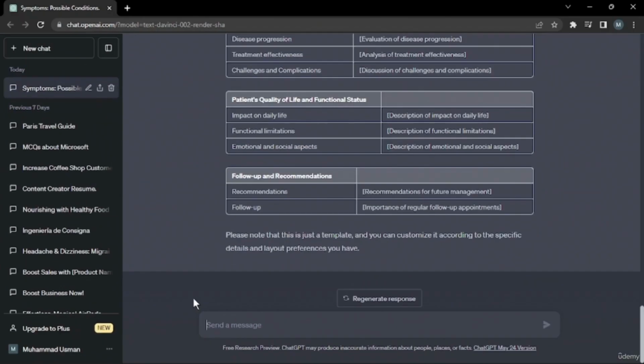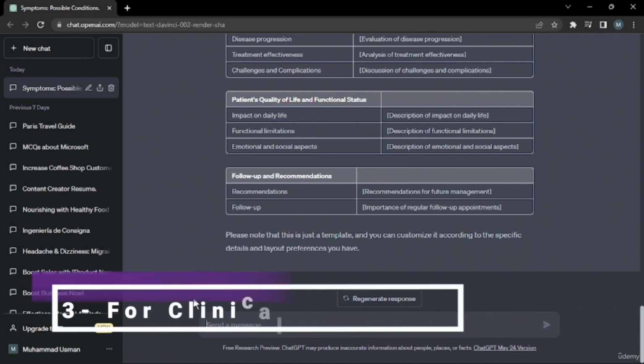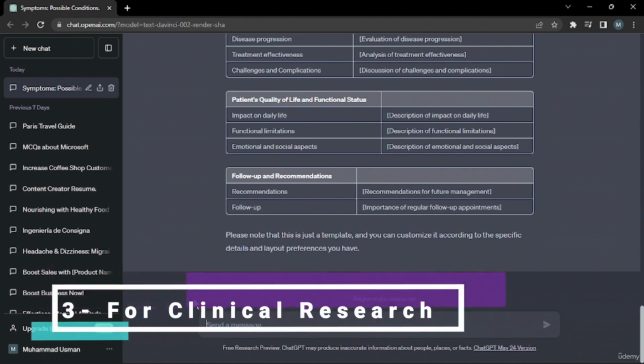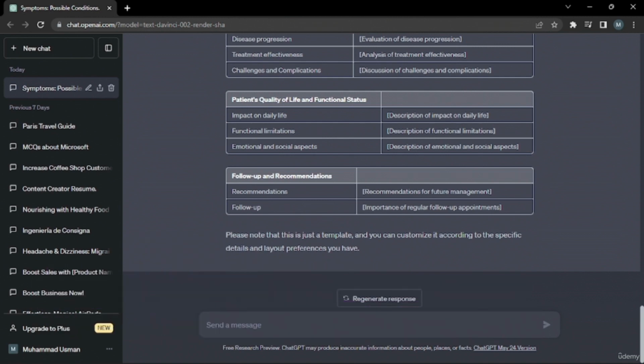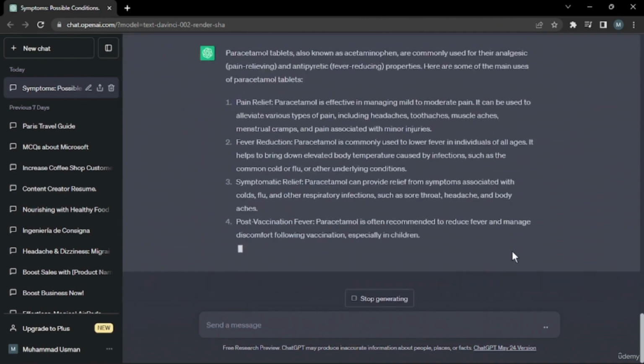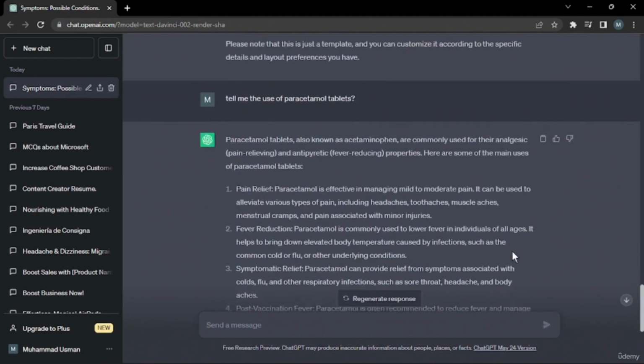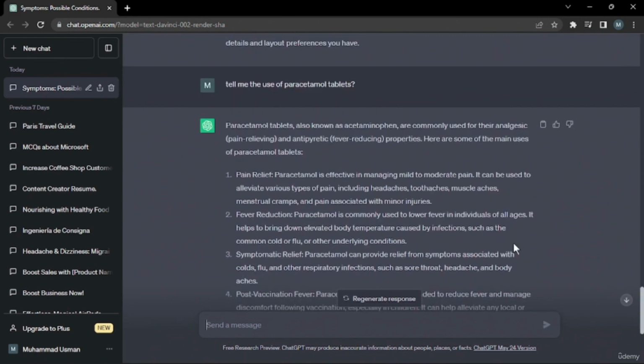Moving forward, let's go to our last example for today, which is how you can use it in clinical research. If you want to look up any medicine or drug, you can obviously use it as well. So I'm going to type here: tell me the use of paracetamol tablets. Let's see what kind of information it provides. Alright, as you can see, for that it gave me a lot of uses.